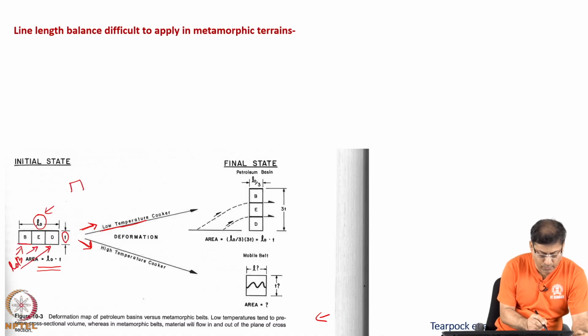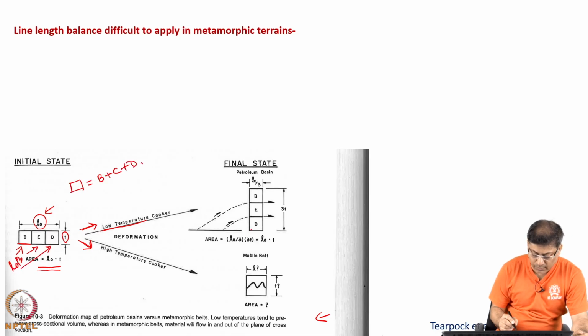The entire block is looked at as a combination of 3 blocks of B, C and D. Suppose faulting has brought unit E above D, and over D and E unit B has gone; reverse faulting is demonstrated. In this case, area has been conserved.